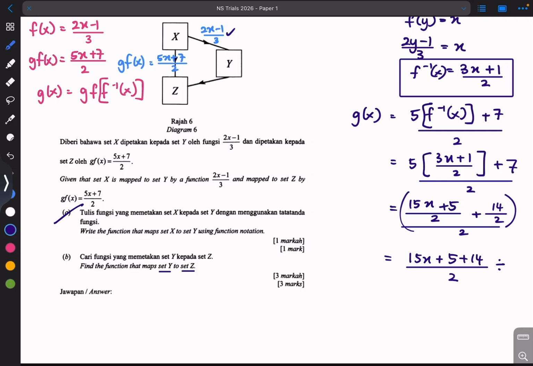So this will become 15x plus 19 over 2 times, so if you have divide by 2, basically this is 2 over 1. So it will change to times 1 over 2. So if you multiply this by 1 over 2, we get this over 4. So this will be our g of x.